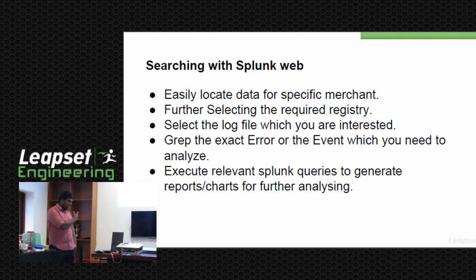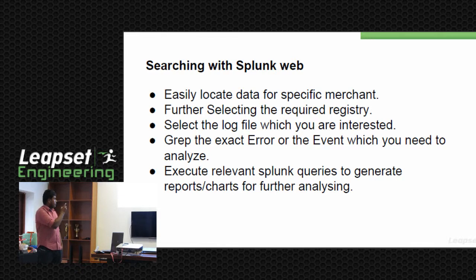These are the features, and the basic steps that you can follow once you set up the Splunk forwarder on a POS device. In the Splunk UI, you can easily locate specific data for a specific merchant, select a specific registry, and select the file you are interested in, and then execute your query on this selected data.